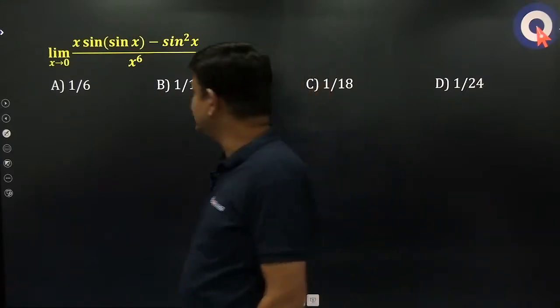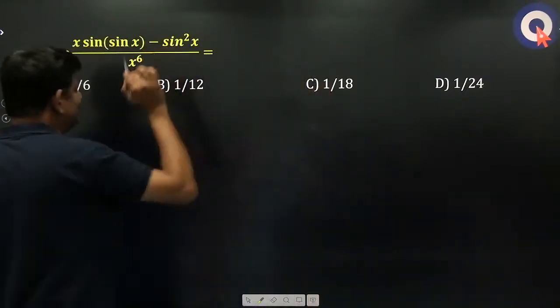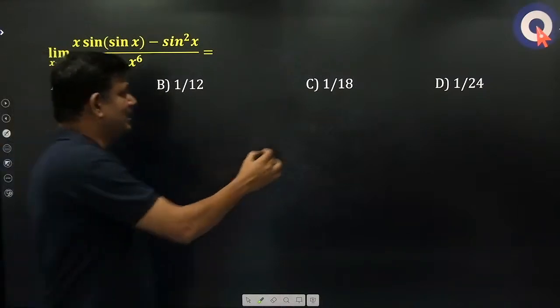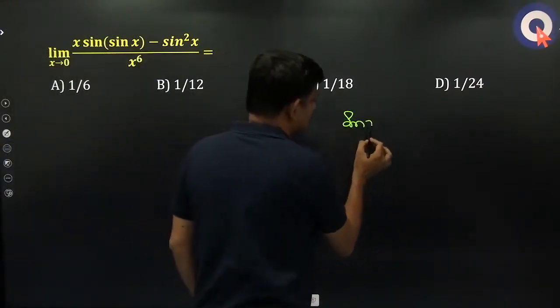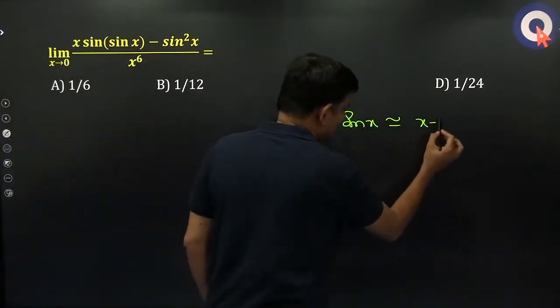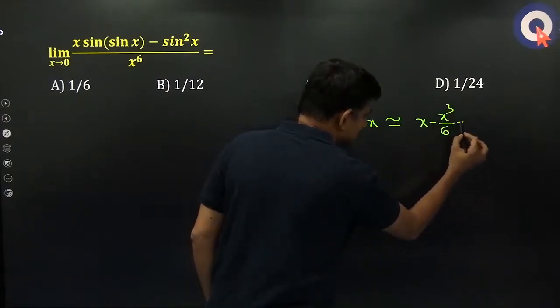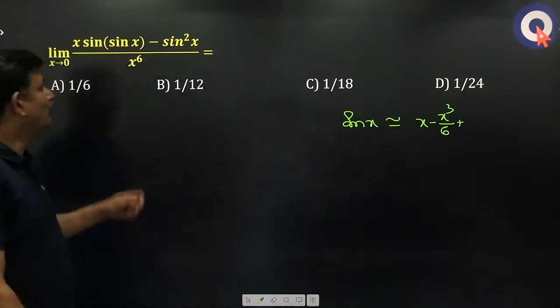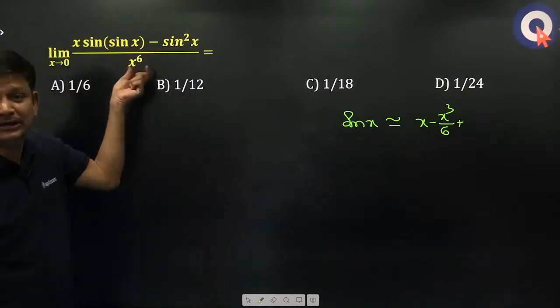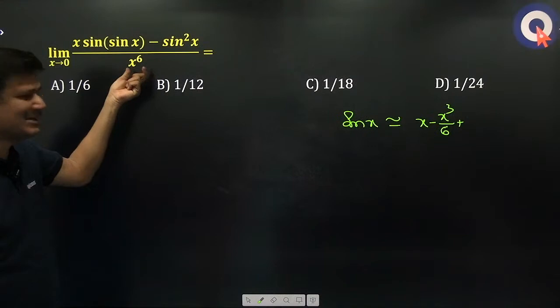Power series expansion. Sin x, I can replace it by, what is the expansion of sin x? Sin x is x minus x cube by 3 factorial, which is 6. Shall I stop here? No, because we are doing it up to x power 6. The denominator has x power 6.